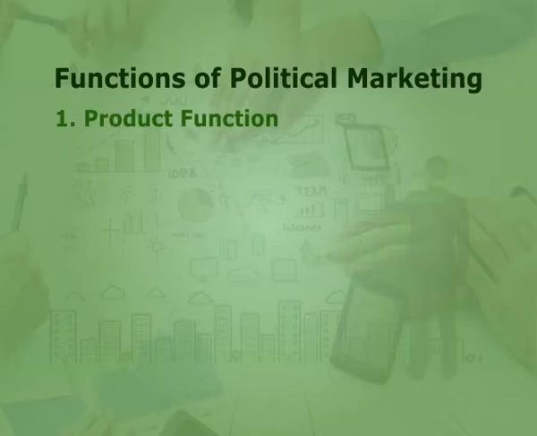According to political marketing theorists, there are 8 generic functions of successful political marketing, which include the following. The first function is the product function. In political marketing practice, there should be an exchange between political parties and electorate in the electoral market.